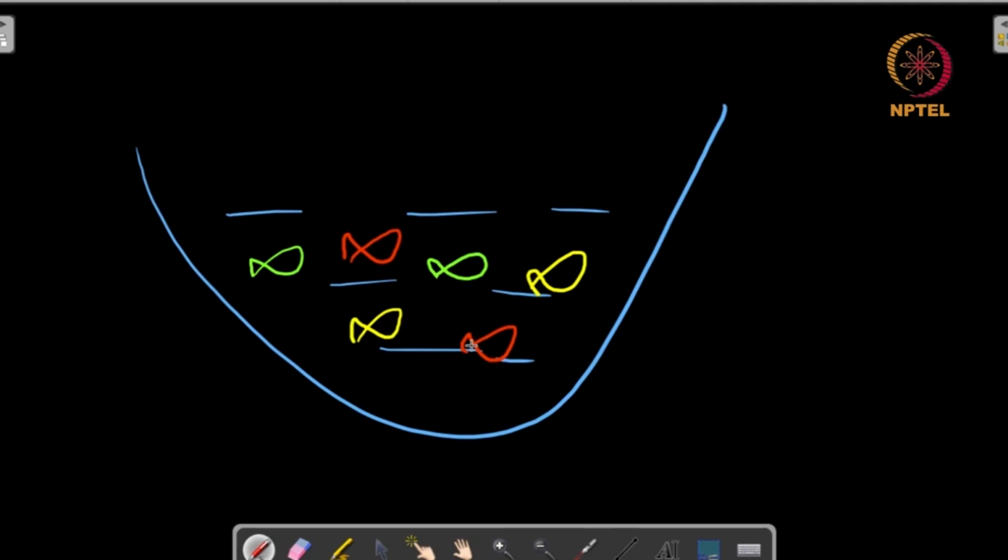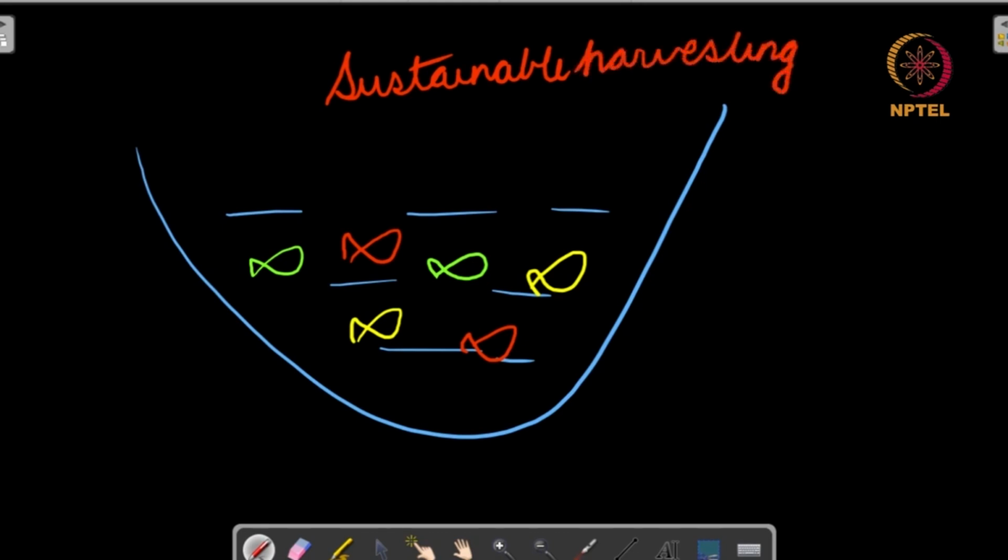If we take out the fishes in a sustainable manner, so if we do a sustainable harvesting, it would mean that we take out a few fishes. And typically those fishes that have already grown in size, those fishes that have already become very aged.